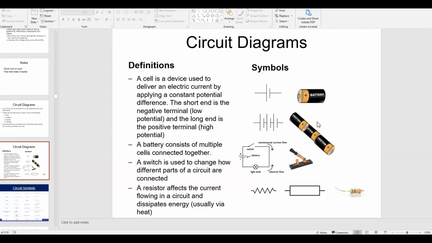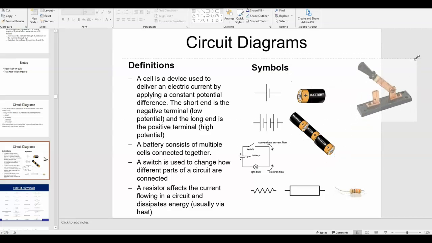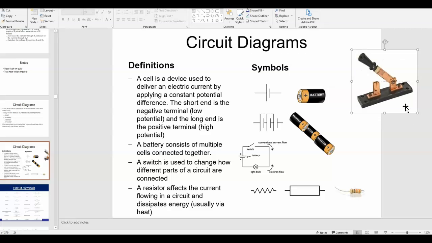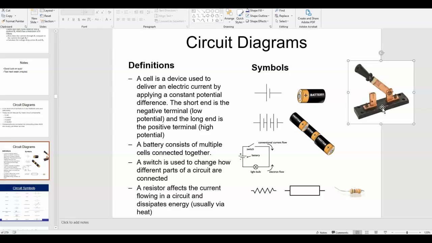Another key component that you'll see all the time is what's called a switch. If we were in person, I would show you, we have some switches in my classroom. This is a very basic switch. A nicer looking one would be like a light switch or something like that. But basically a switch physically can break open the circuit, because if you don't have a closed conducting path, you can't have a circuit, because then the charge has no place to go.